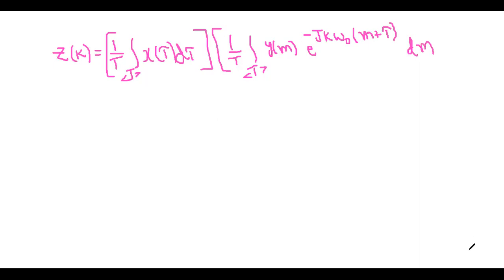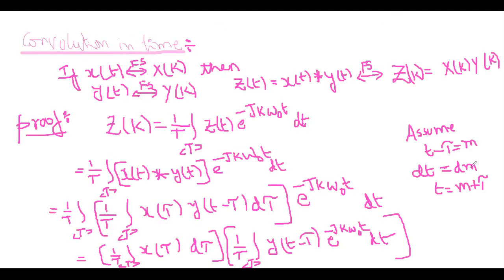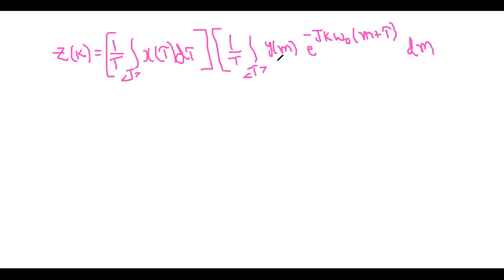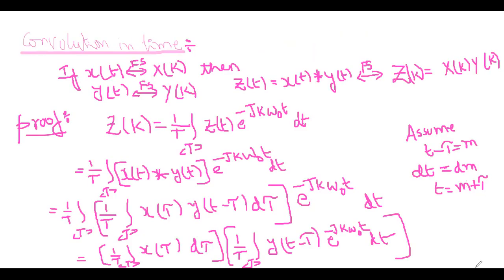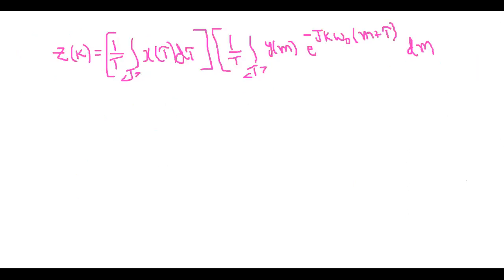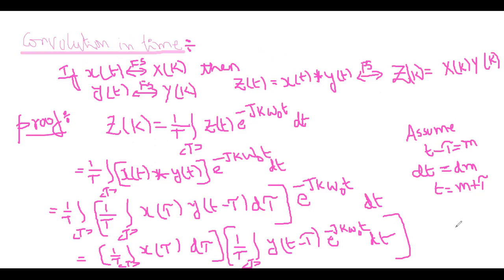Okay, my dear students, so the t minus tau I replaced with m here, t as m plus tau, and dt as dm.